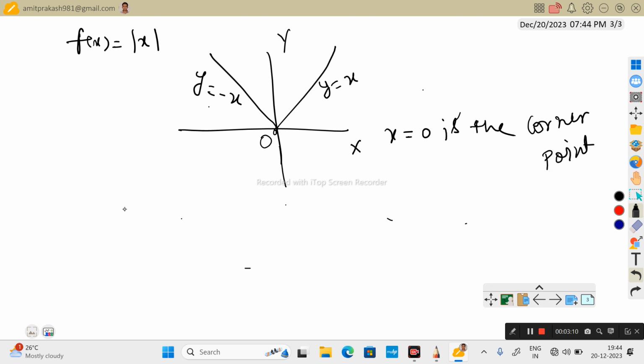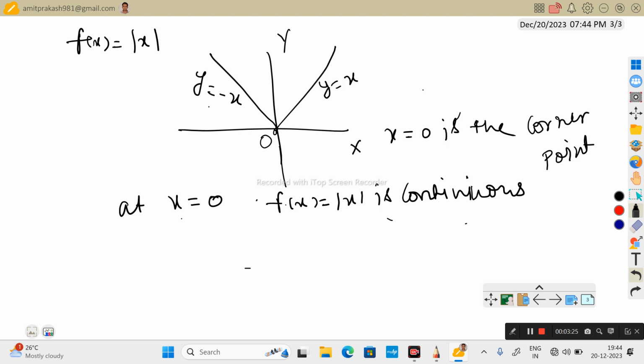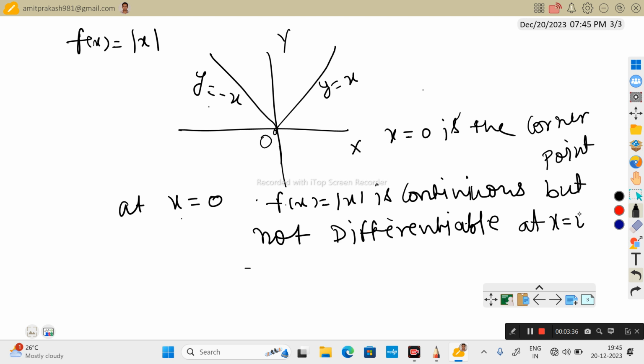At x equals 0, we look at continuity and differentiability. f(x) equals mod x is continuous but not differentiable at x equals 0. Why is this not differentiable? Differentiability means the function has a unique tangent.